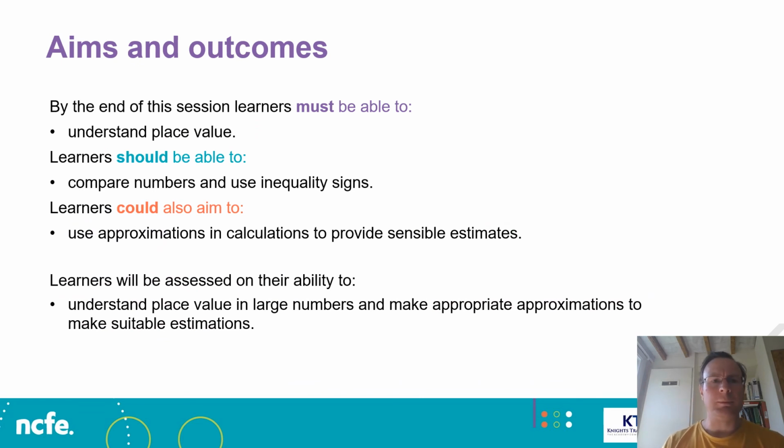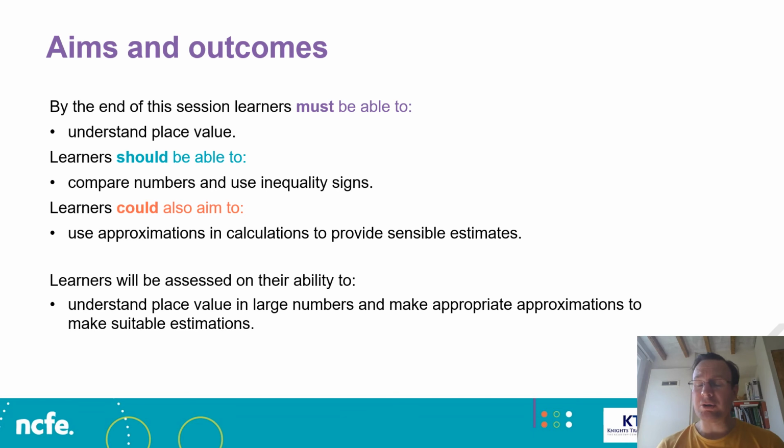So there we are. By the end of the session, we are asking you to be able to understand place value. We quickly reviewed that at the start. We looked at that picture of 1 million, and we looked at the place value of each digit within that number. We looked at the concept of units, tens, hundreds, thousands, tens of thousands, hundreds of thousands, millions. We used numbers and inequality signs, the greater than or less than symbols, and we also used the symbol for approximation.